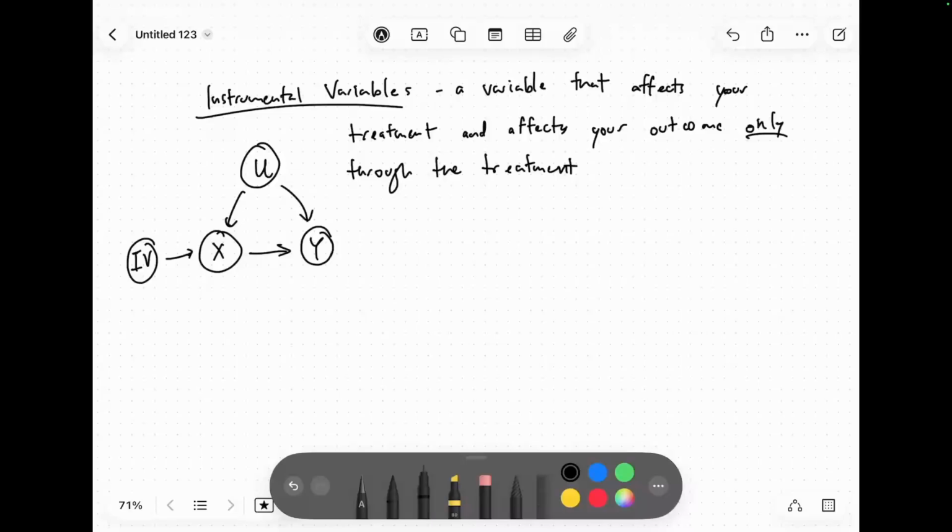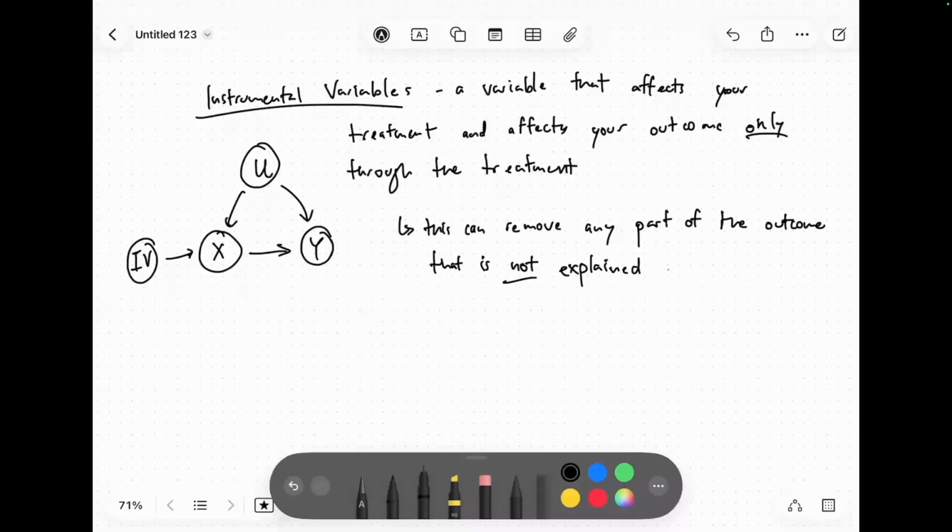And it turns out when you do this, this can remove any part of the outcome that is not explained by the instrument. Okay?